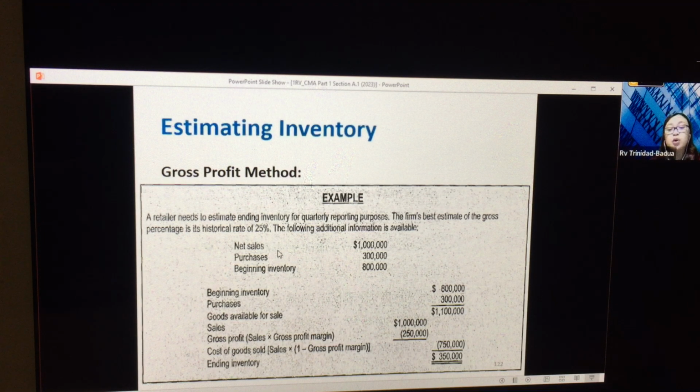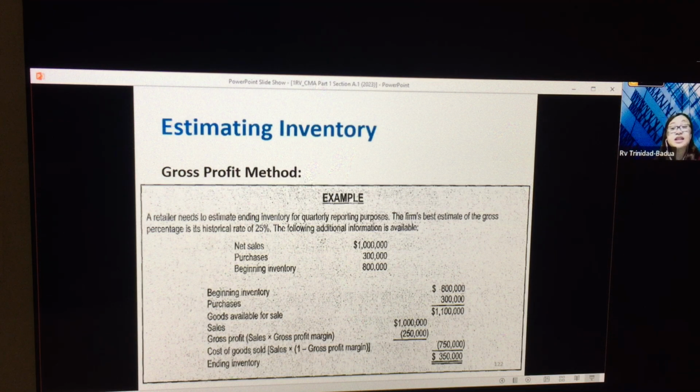So ibibigay niya sa'yo. Or kung hindi niya ibibigay sa'yo, bibigyan ka niya ng information for you to compute yung trend. Like for example, sabihin niya na in the last 3 years or in the last 5 years, ganito yung rate. Sabi niya gamitin mo ng average. Pwede din yun. Or pwedeng bigyan ka niya ng last year, 25%. So this year, it is assumed na 25%.